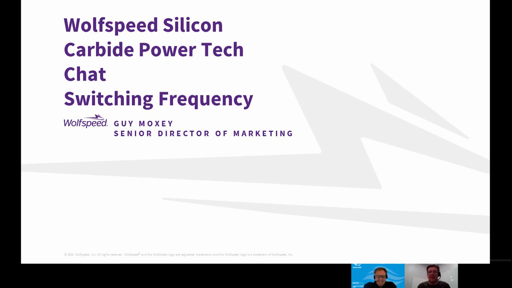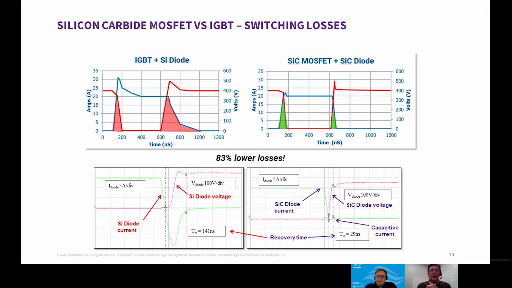No one single answer. I would just say silicon carbide is magnificent across many different circuits, but bottom line is people use silicon carbide against, say, IGBT because, of course, those very fast switching rates and the lack of tail current, as you can see here. And then even within, whether it's a silicon carbide diode or within the body diode of the silicon carbide MOSFET, you can see we have this minuscule reverse recovery.